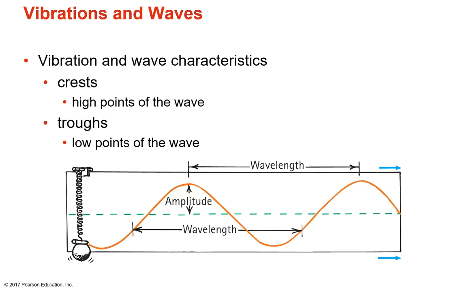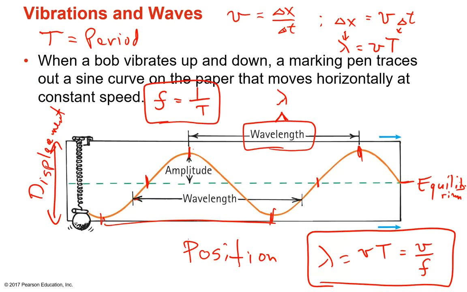As I said here, it could be from peak to peak. It could be from trough to trough. Trough is the low part, and it's not important to know that one. Could be from equilibrium to equilibrium, but it has to repeat. Now, you might have said, wait a minute, here is also equilibrium. So why is that not the wavelength?